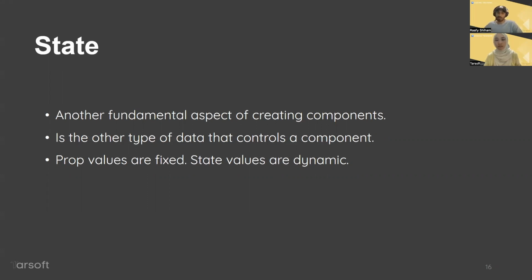Now we talked about props, but with props, the values are fixed. So if we want the data to be dynamic inside the component, we have to use a state hook. I'll show you how to use a state hook now, and then what it can accomplish.